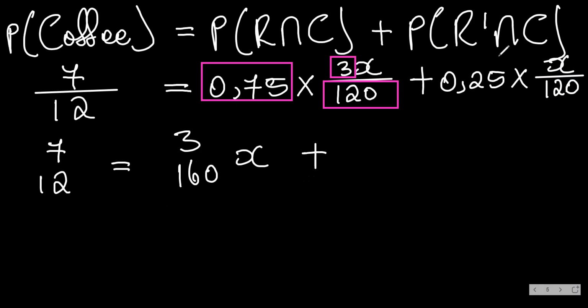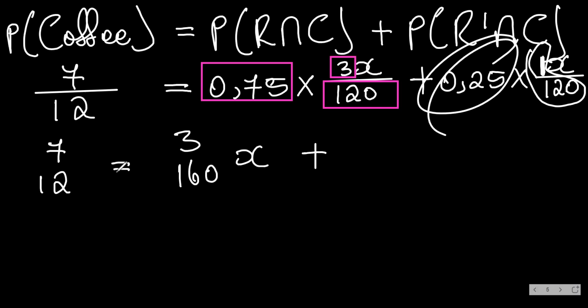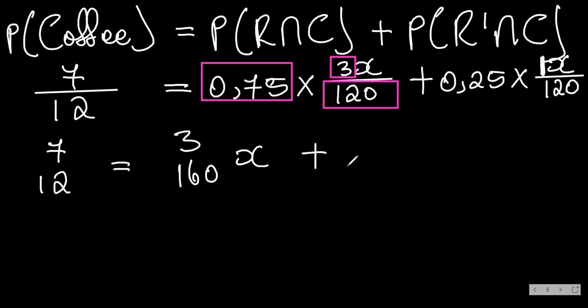Then I do the same for the 0.25. But the coefficient of x is 1. So you'll say 0.25 times 1 over 120. And this one will give you 1 over 480x.